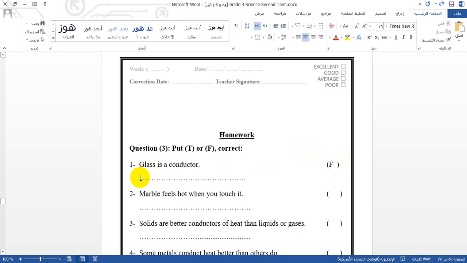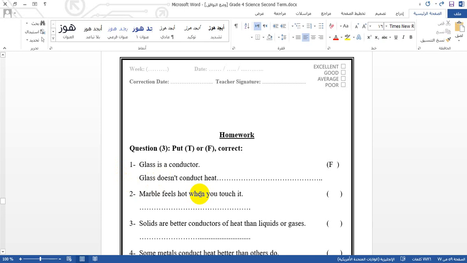And the correct answer is that glass doesn't conduct heat. So glass doesn't conduct heat.